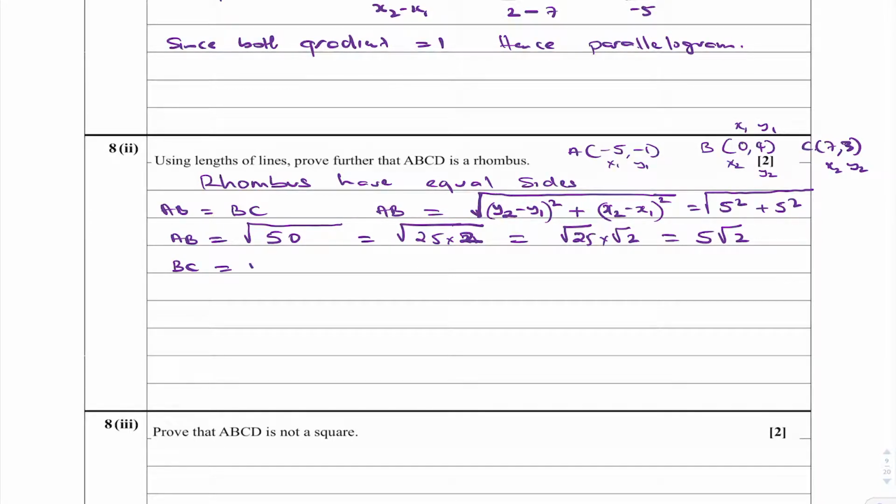And that will become square root of y2 minus y1 squared plus x2 minus x1 squared.